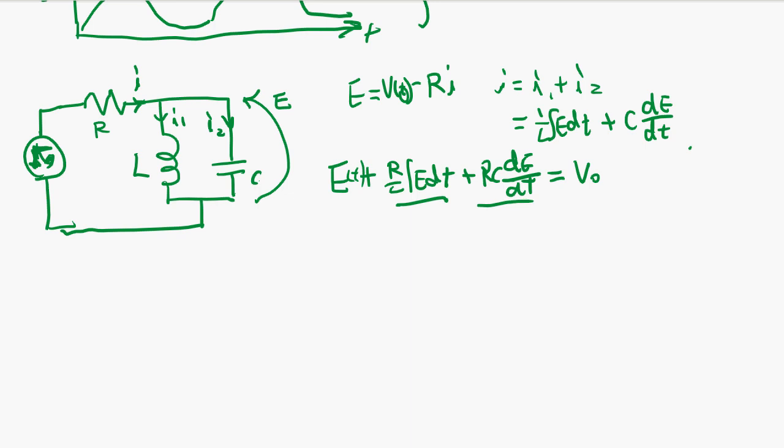so this current together plus the current times R is the voltage.